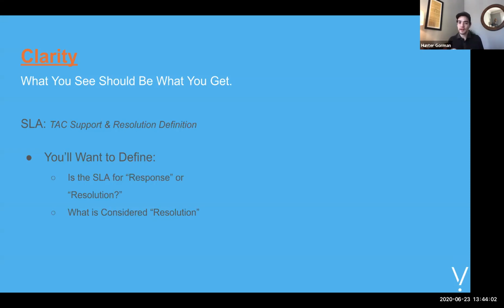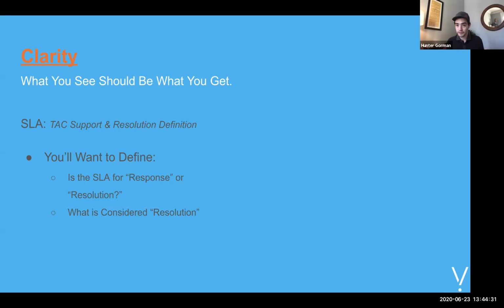And within that SLA, is the SLA for a response or for a resolution? I know that we've helped customers who have gotten in kind of a pickle because of that definition being ambiguous, right? You want to know, am I going to just start to hear from somebody in 4 hours, or am I going to actually be back up? My network's no longer degraded within that given time frame. That's incredibly important to define up front.